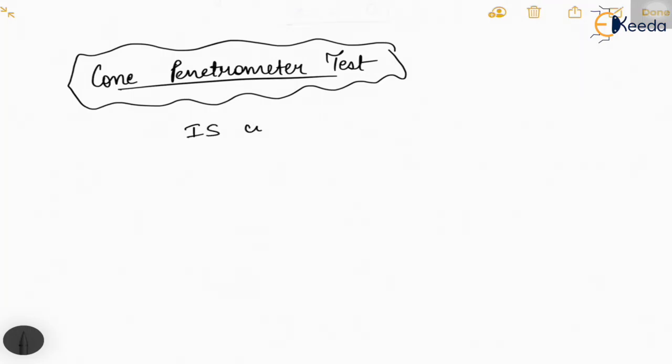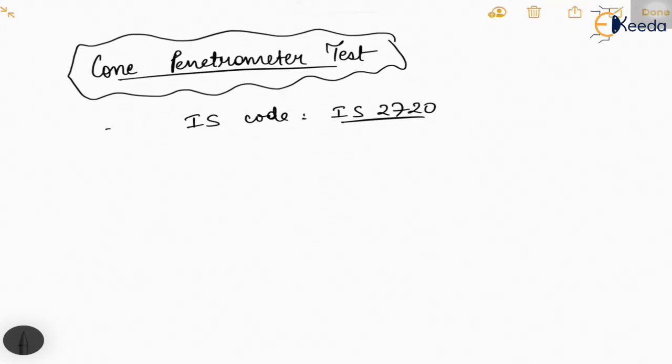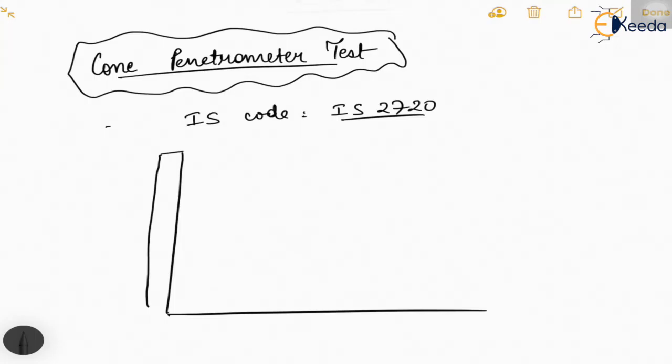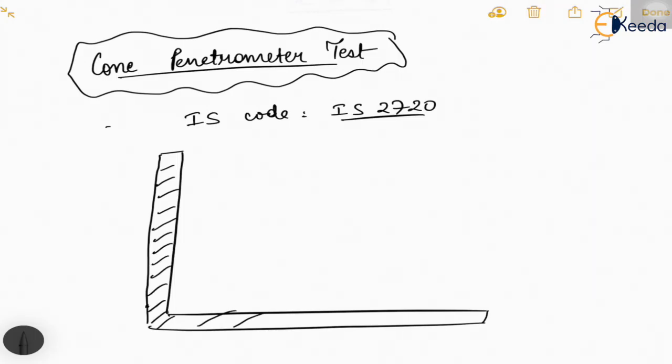If we consider the IS code for this, it is IS 2720. Further, what is happening here? I'll quickly draw another diagram to improve the understanding for this test. So this is your apparatus for the cone penetrometer. Basically, this is based upon the penetration of a particular tool or a particular cone into the soil sample.